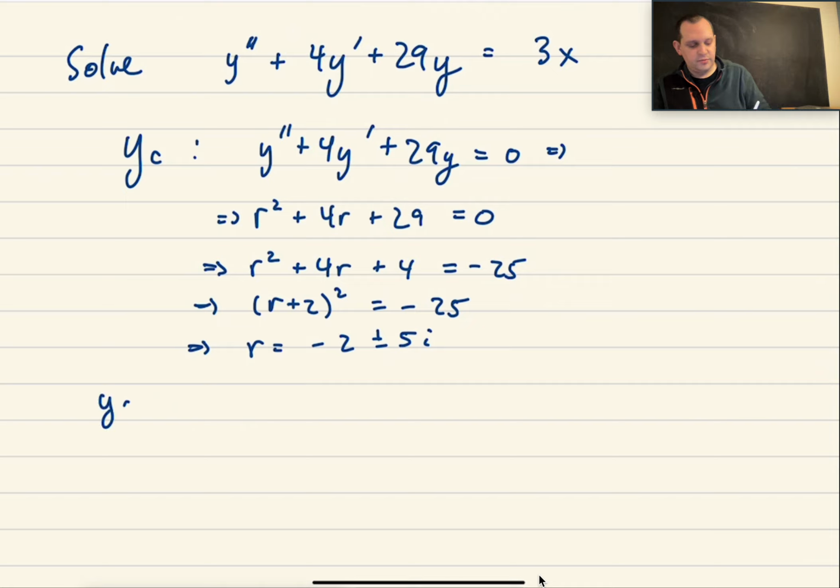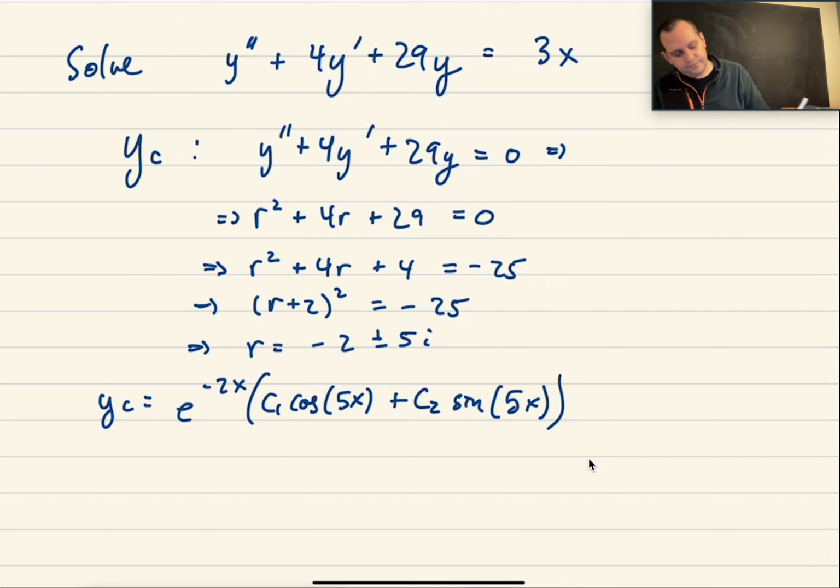And therefore, our complementary solution is going to end up being e to the negative 2x times c1 cosine of 5x plus c2 sine of 5x. Okay? And so that's really all we have to do for the complementary solution.